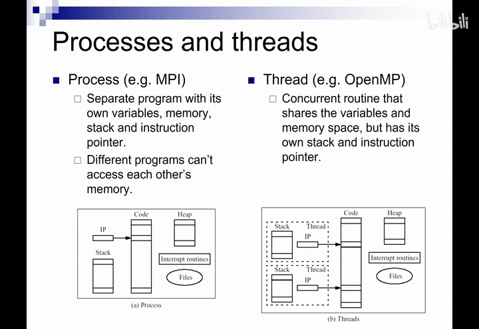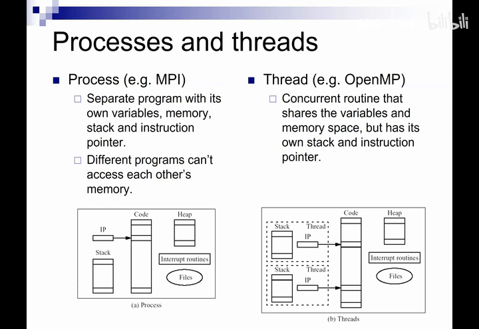So the threads can do different things, because they can be at different portions of the code. They also have their own memory in the sense that each thread has its own stack. The stack keeps track of the automatic variables and the function calls that each thread has made. Different threads can be calling different functions, so they have different stacks.